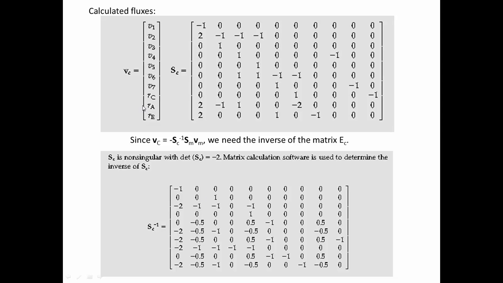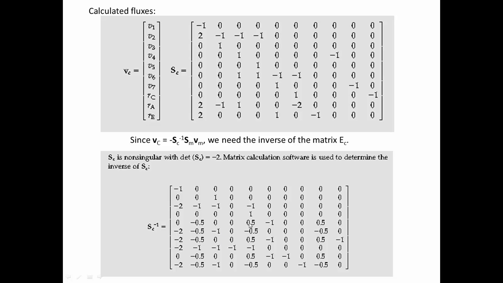So we have a vector of calculated fluxes, which at this point are all just variables because we haven't solved yet. Here is our vector of coefficients, right here, our SC. SC is non-singular, which is important. The matrix calculation software, i.e. MATLAB or something like that, can be used to determine the inverse of our SC and get our SC minus 1.